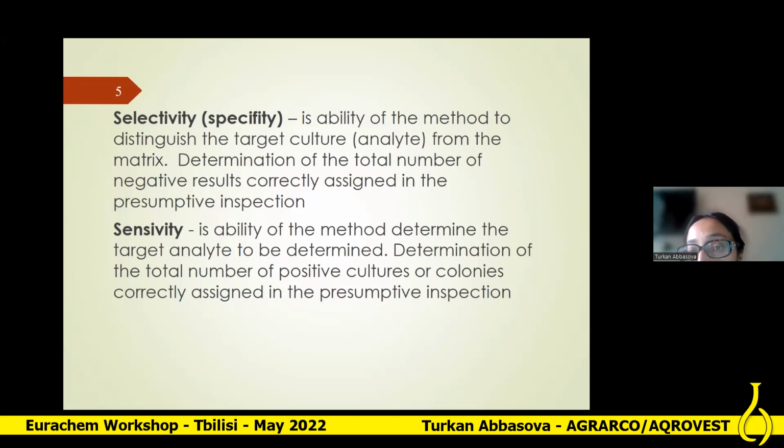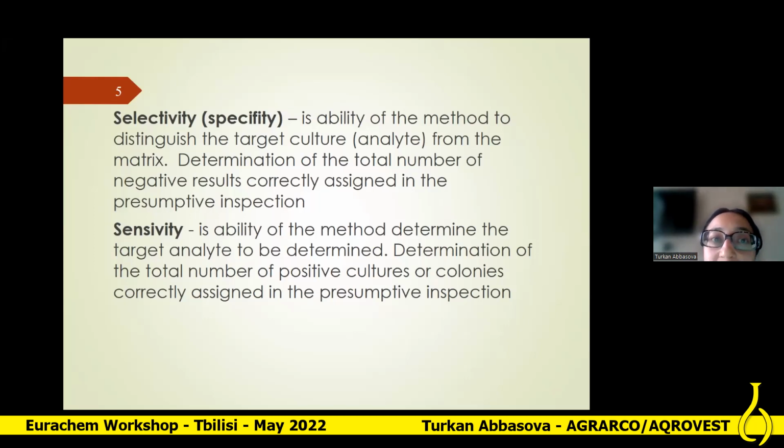During validation, you can analyze some samples with negative results, and you should separate the negative samples from the positive samples.